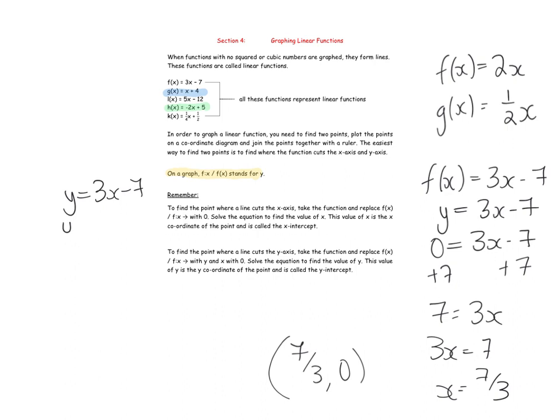So we get y is equal to 3 times 0 minus 7, so then y is equal to minus 7. So the y-intercept is 0, minus 7. We're going to figure out how that will help us when drawing a graph in the next slide. But for now, you need to be really comfortable with finding where a graph cuts the x-axis and finding where a graph cuts the y-axis.